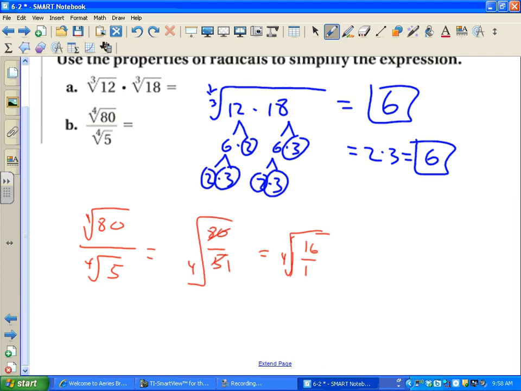How about if I reduce my fractions correctly? And that's going to give me now the 4th root of 16 over the 4th root of 1. By the way, the 4th root of 1 is just 1. My denominator is 1, so I'm really concerned with just the 4th root of 16.